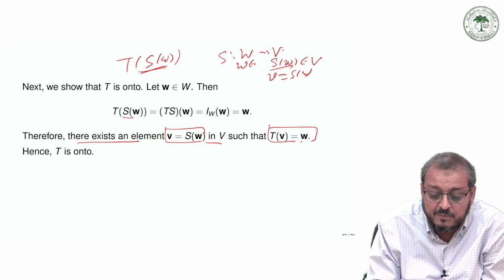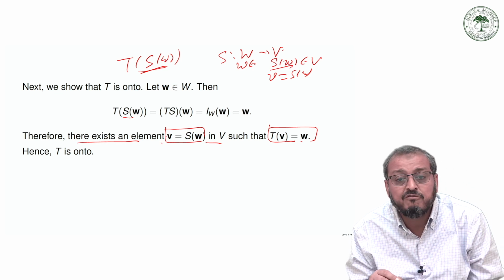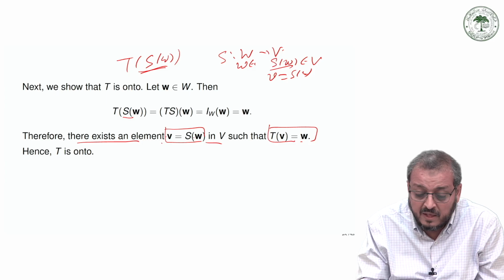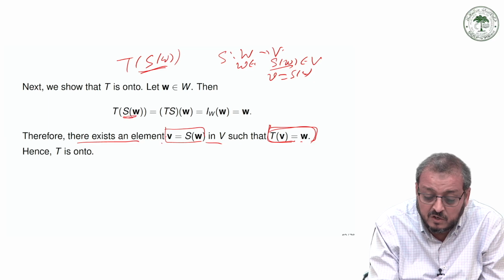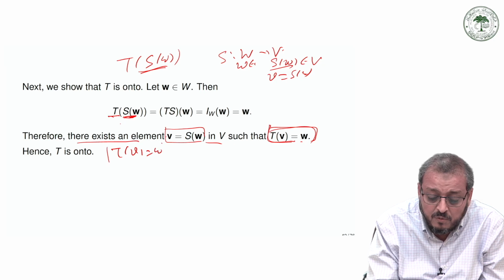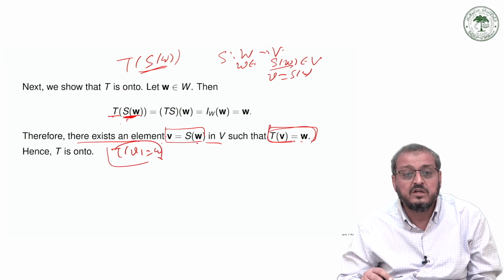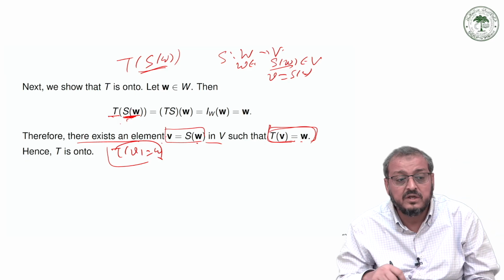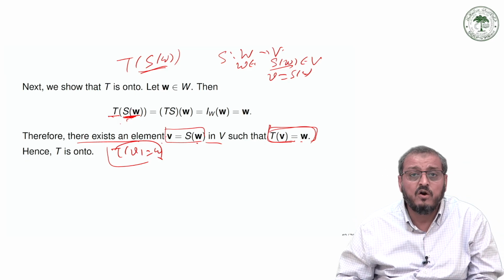So there exists an element V in V that can be written in the form S of W, and we show that T of V is equal to W. Then substituting the value S of W equal to V into this, we can show that T is an onto map.